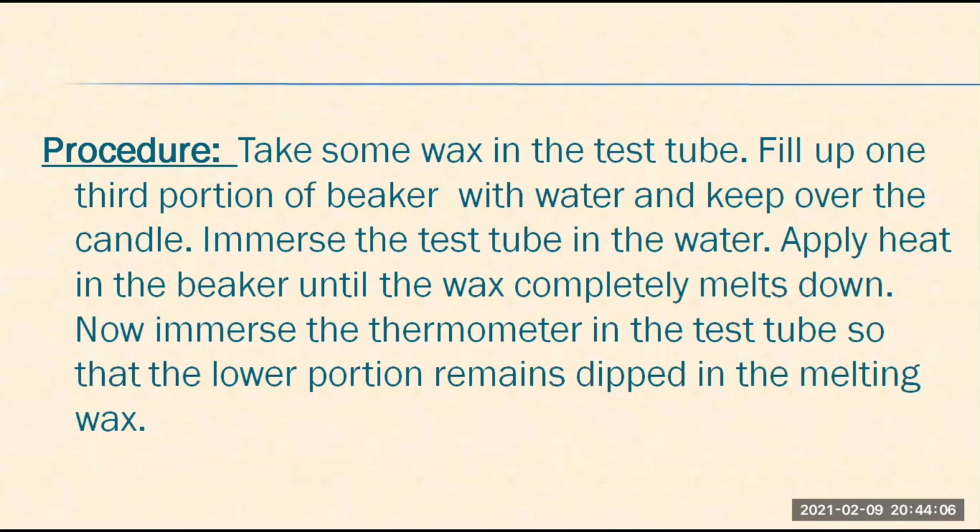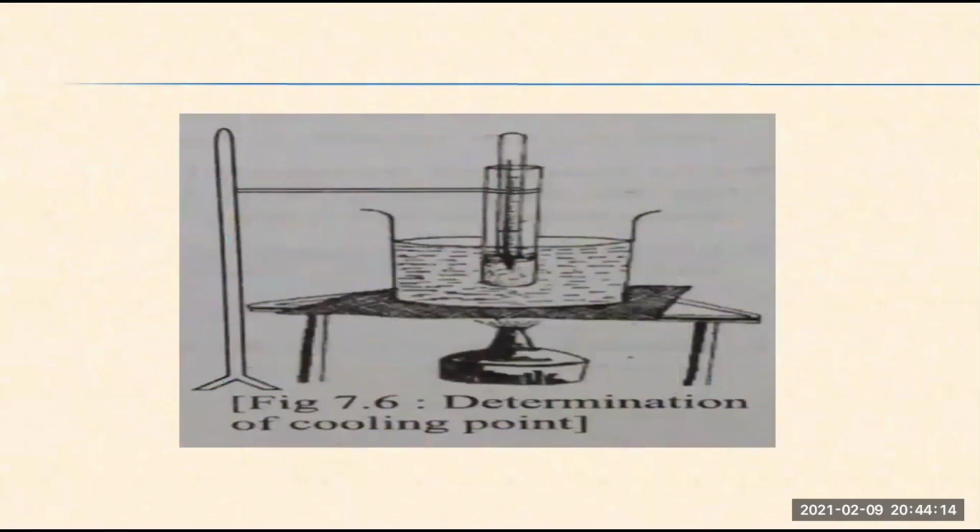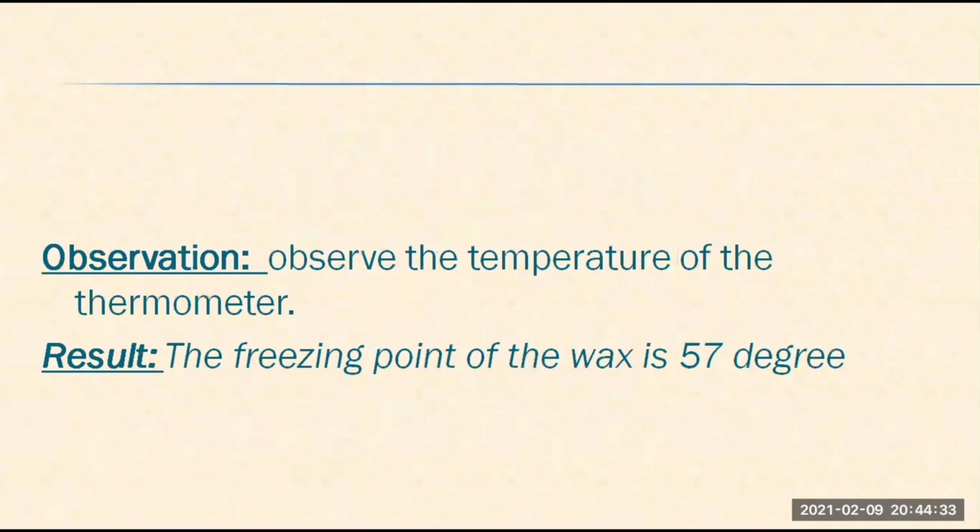If you do these steps, you will see what happens. Just see these pictures. You take a water pot, keep the test tube inside, put the thermometer in, and after the tripod you give the heat. So let's see what we observe.